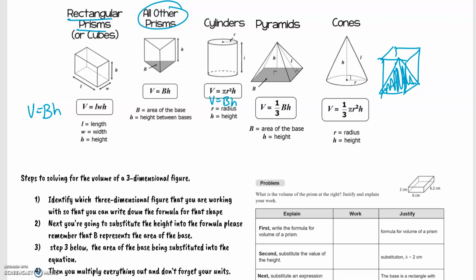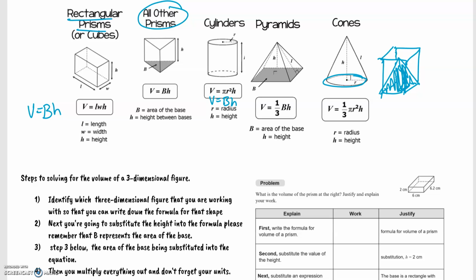The way that I would show that is I would fill a rectangular prism up with water, and I would pour the pyramid into the rectangular prism, and that would show I would need 3 of those in order to make one full rectangular prism. I'm going to see if I can do that for you, and I'll post the video right under this, and also with cones as well.